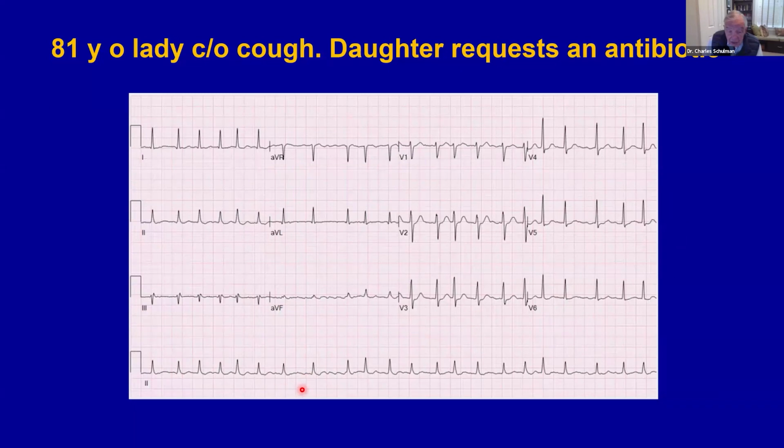It's a rapid, irregular supraventricular rhythm with no visible P waves. So this is AFib or AF. The cough turned out to be due to heart failure, not pneumonia, and she did not need an antibiotic. She needed furosemide.